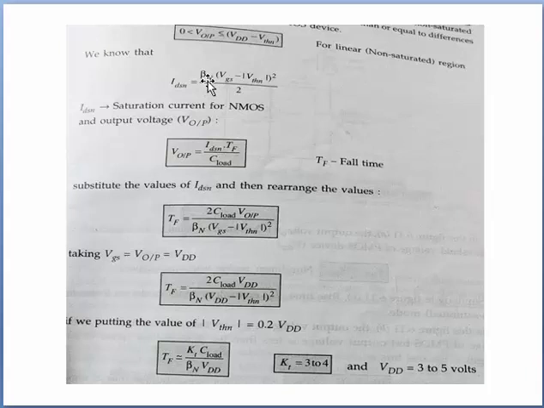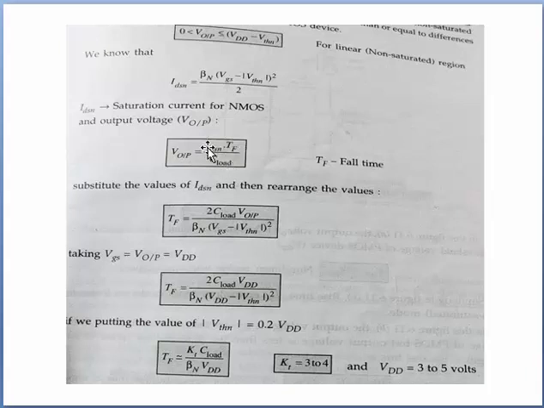voltage gain factor for the NMOS device, and also we know V output, which we calculated in our previous lecture on CMOS inverter delay models. V output is equal to the current IDSN times TF divided by C load, where TF is the fall time and C load is the capacitive load.